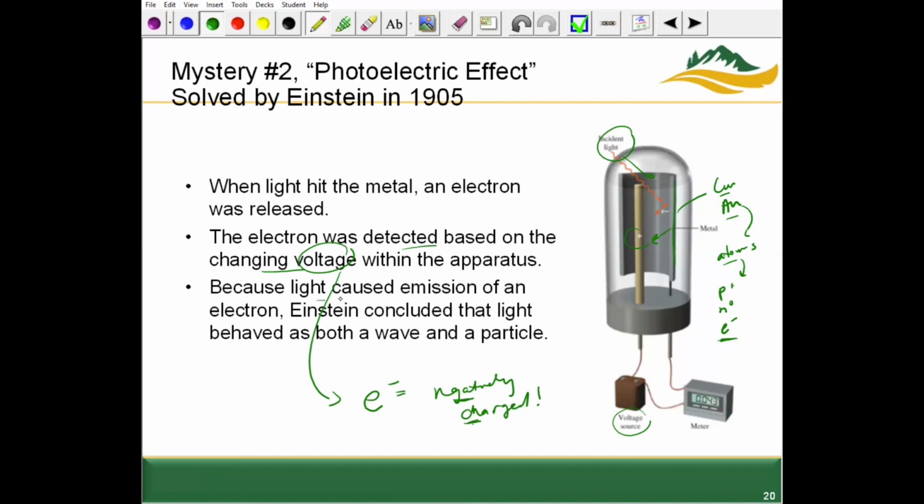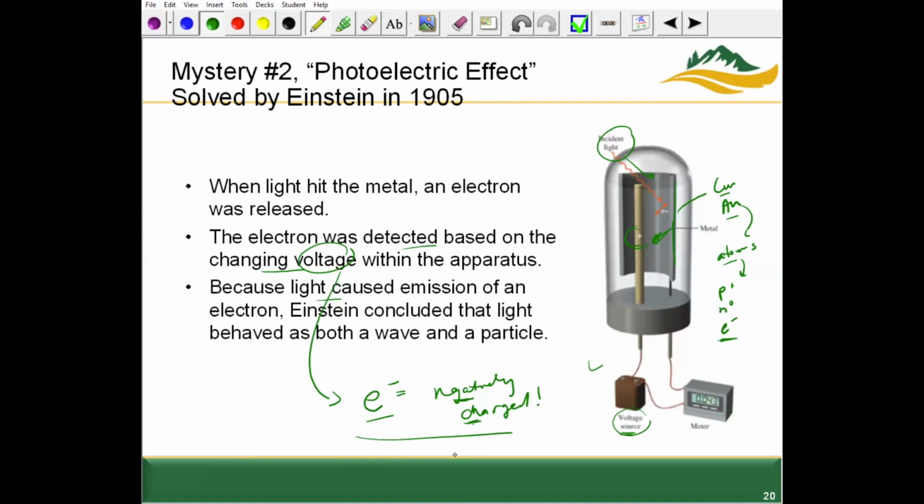So because light caused an emission of an electron from a piece of metal, we could see that by a change in the voltage. The voltage will be more negative as the metal emits more electrons.